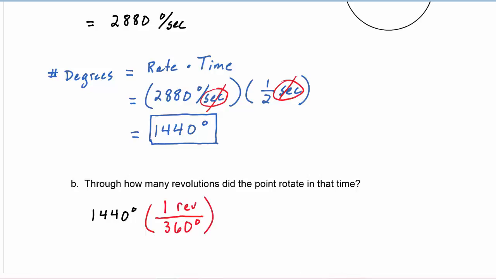Now the reason I knew to put degrees in the denominator is because that's what I'm trying to cancel out, and I want to be left with units of revolutions. So now we do that division, 1,440 divided by 360, and that works out to be 4 revolutions. And we can double check our units because the degrees here are going to cancel with the degrees here, and we're left only with the revolutions.